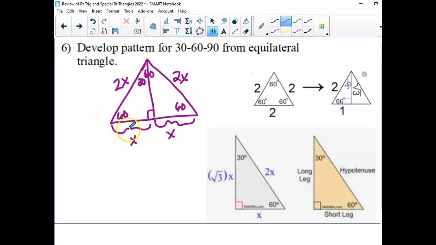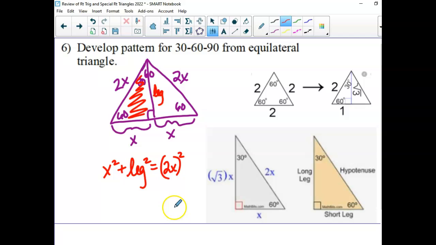If I had this leg, which is x, and I squared it, and I added this leg down the middle here, because I'm talking about this triangle right here, I'd get the hypotenuse, which is 2x squared. Now be careful. What is 2x times 2x?